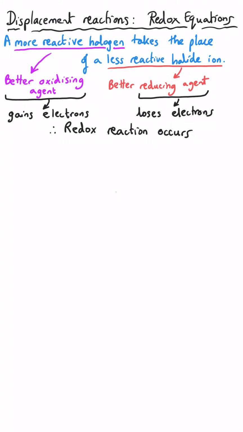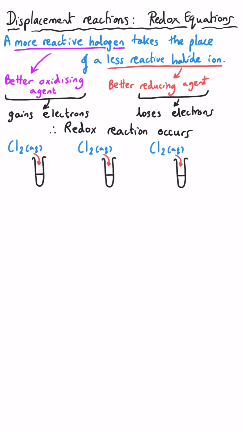And so what you would do is you would add chlorine water, so that means Cl2 dissolved in water, to substances of, say, sodium chloride, sodium bromide, sodium iodide, each of which starts colourless.